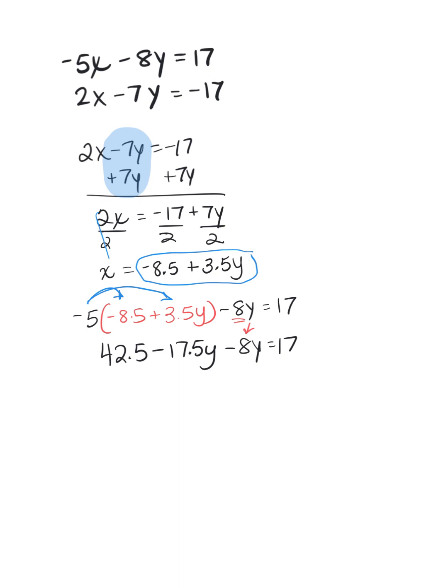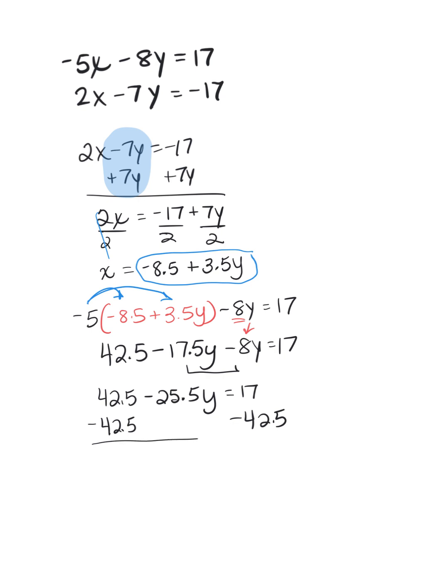Okay, moving on. Let's combine like terms. The 42.5, nobody touched that. Negative 17.5 minus 8 is going to be negative 25.5y. That equals 17. Trying to isolate the y, so I'm going to subtract 42.5.